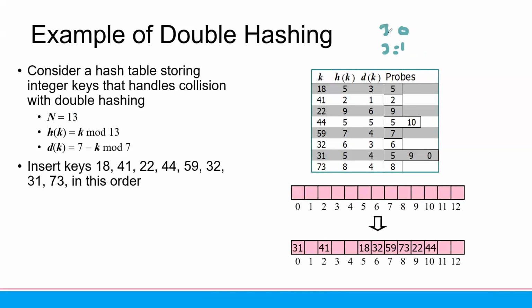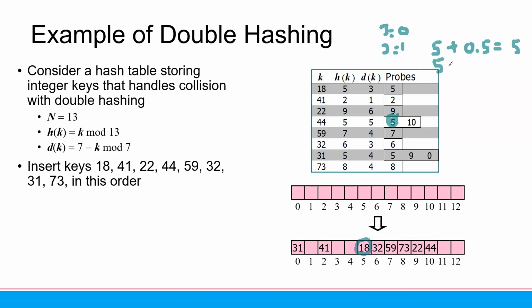What does j equals 0 mean? It means 5, this is i, plus 0 multiplied by d(k), which is 5. So 5 plus 0 is 5. We cannot put it in 5 because 5 already has a value. Then we change j to 1.